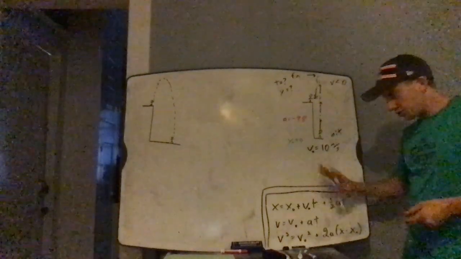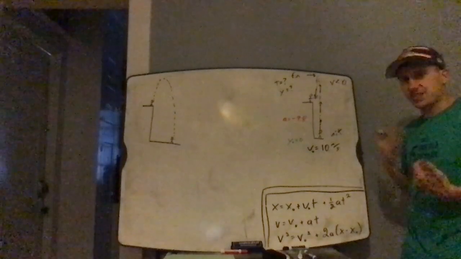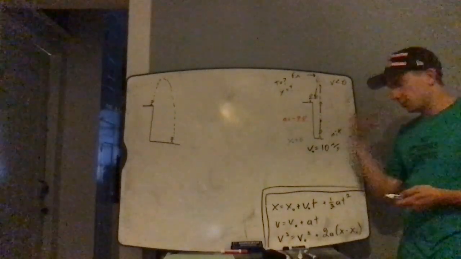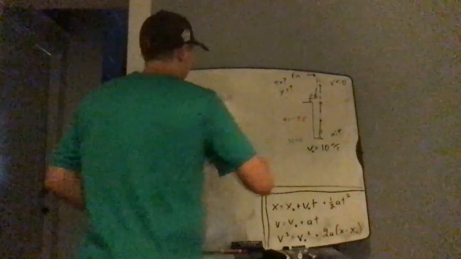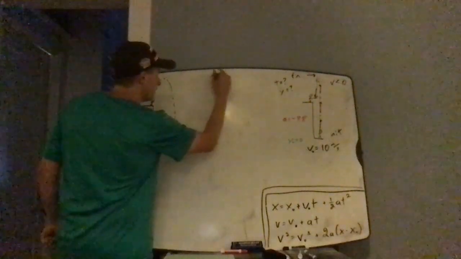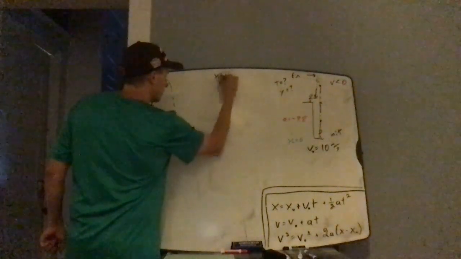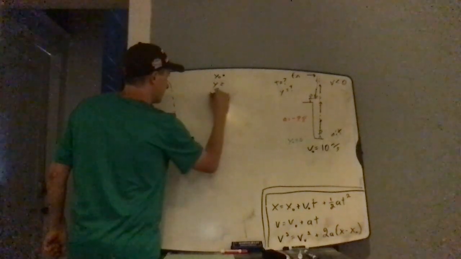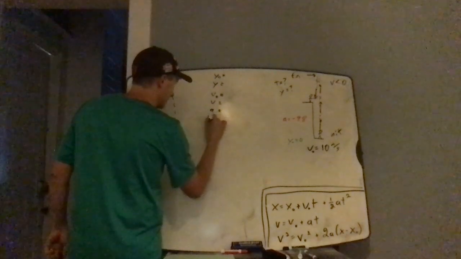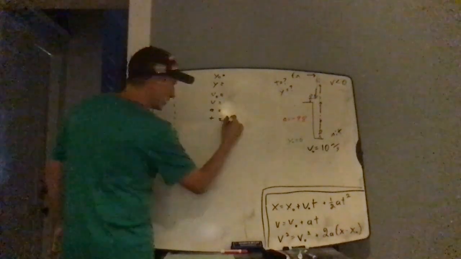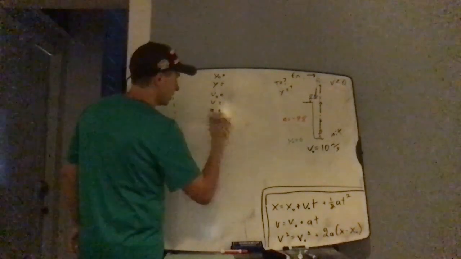Well, throughout all these 3 equations, we have 6 terms that we can possibly assign values to. So we have y initial, y final, v initial, v final, a, and t. So t, we do not know what that is.